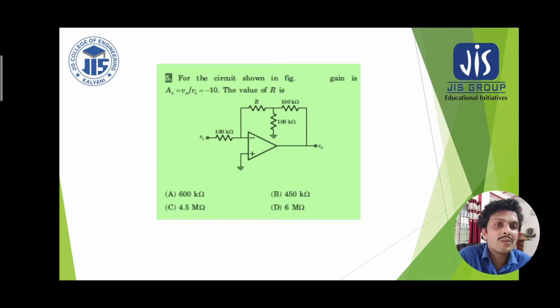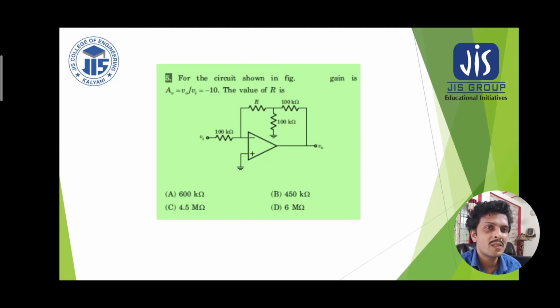As we know, the plus terminal is connected to ground, so there is a virtual short circuit at the inverting terminal. Therefore, the current entering the inverting terminal is (Vi minus 0) by 100, so it is Vi by 100 milliampere, and it then flows through the bridge network of resistors.